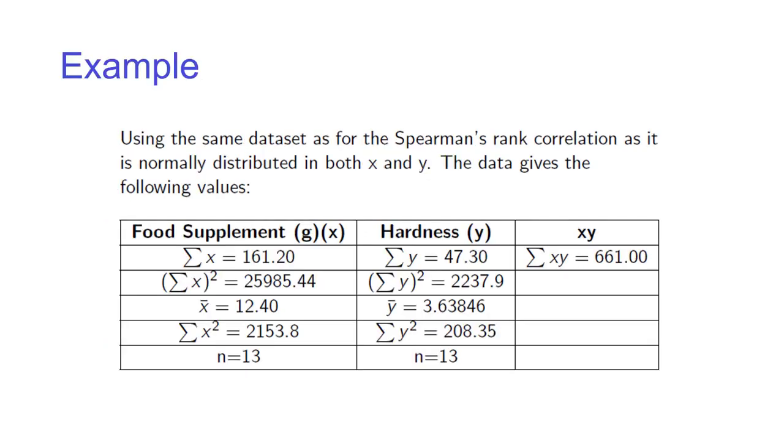So looking at the same set of data as we had for the Spearman's rank correlation, assuming it's normally distributed in x and y, you can see that the sum of x is 161, the sum of y is 47.3, the sum of xy is 661, the sum of x squared is 25,985.44, the sum of y squared is 2,237.9, the mean of x, which we don't need in this case, and mean of y are there, and the sum of the squares of x is 2,153.8, and the sum of the squares of y is 208.35, and n equals 13.